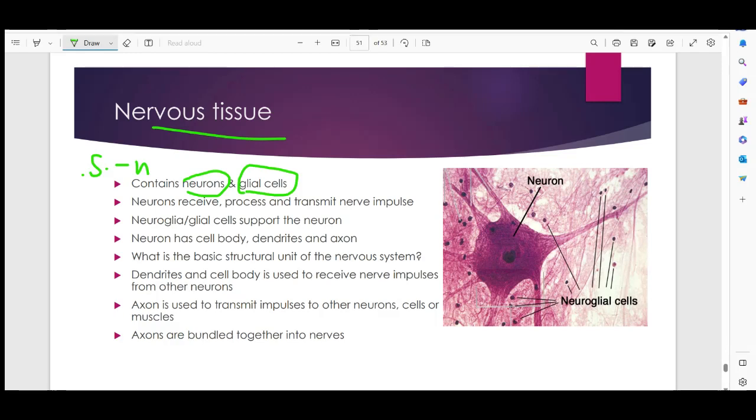so in neurons, the function is receiving, processing, and transmitting nerve impulses. What we mean by nerve impulse is a voltage difference that occurs due to something that happened in the outside or inside environment stimulating the body.